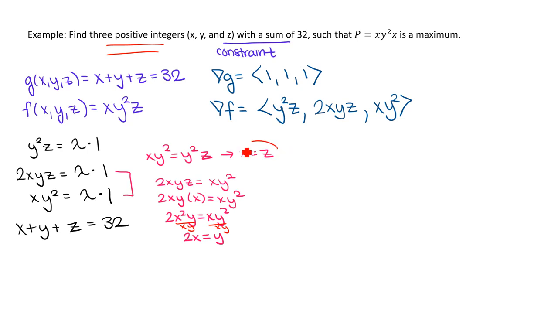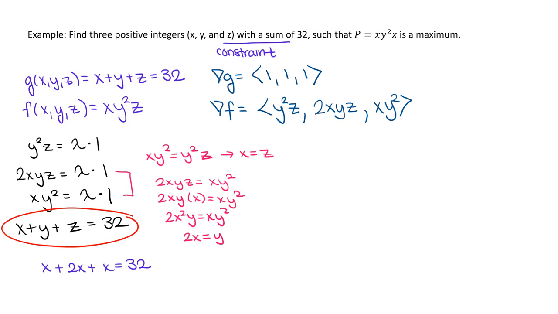Okay, so at this point we figured out x equals z, and y equals 2x. And so finally I can use that information, plug that into my constraint, and solve. So I'm just going to replace the y with 2x, and I'm going to replace the z with x.